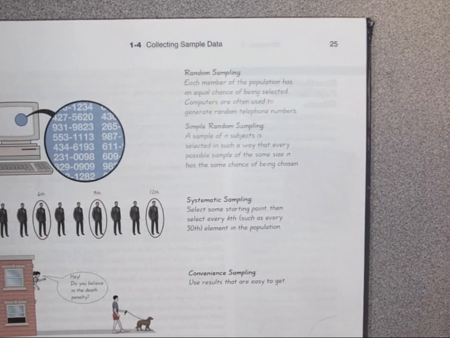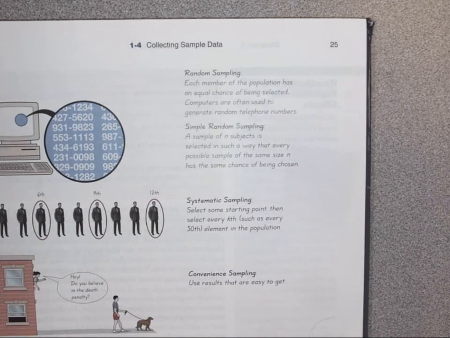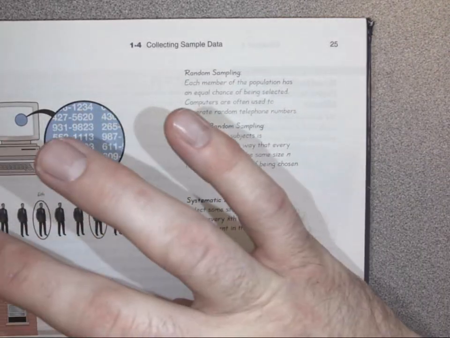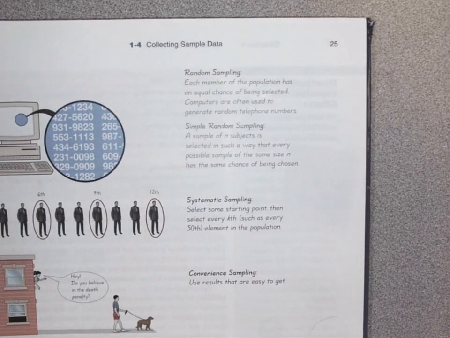Stratified sampling is done by separating groups into strata. So maybe we'll have Democrats over here and Republicans over here, and then we're going to randomly select people from each stratum. You could also have all males and all females, and those would be considered strata as well. Strata are groups of people that share some commonality.